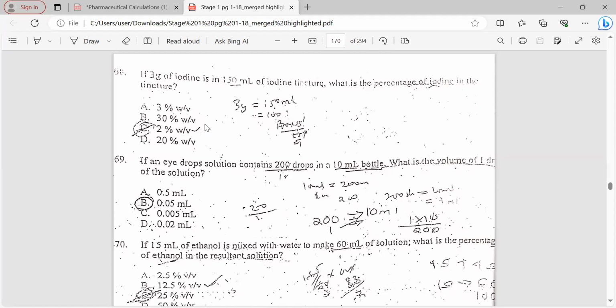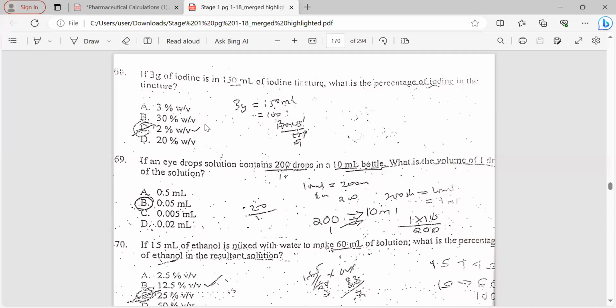So to convert to percentage, we do 3 over 150 times 100. You get 2%.